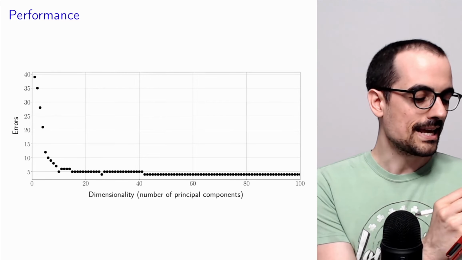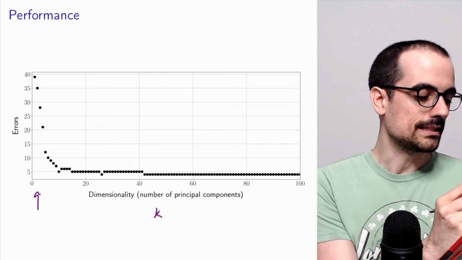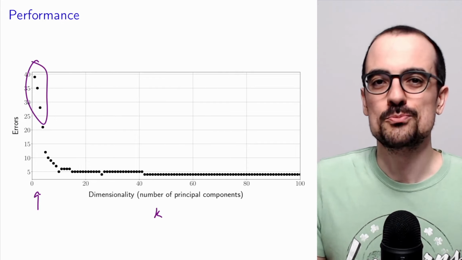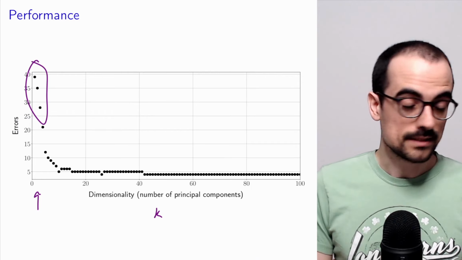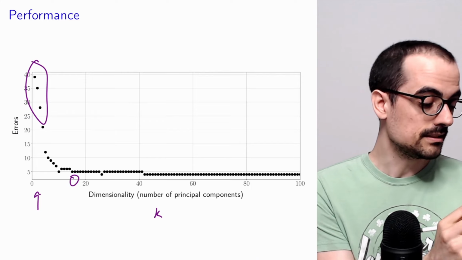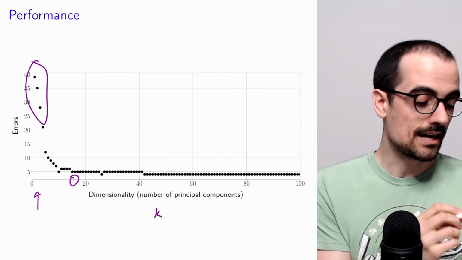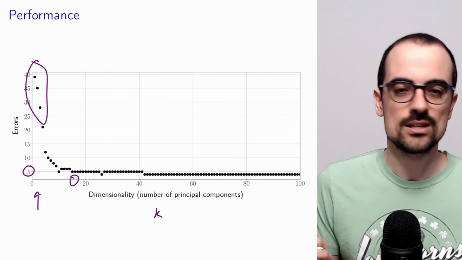When we use a k, so this is k, that is very small, we get a lot of error because we're not preserving enough information from the original data points. But soon, for actually very small k, like 16, 17, the error really goes down. We're just making 5 mistakes.